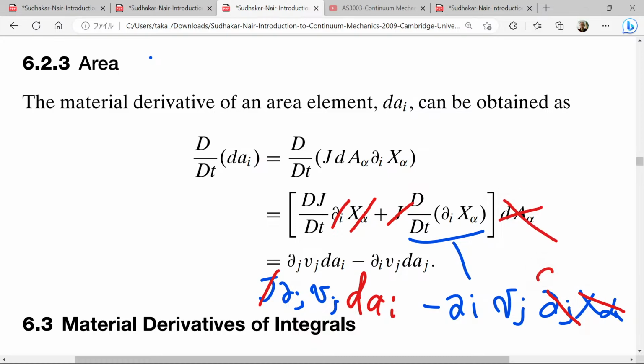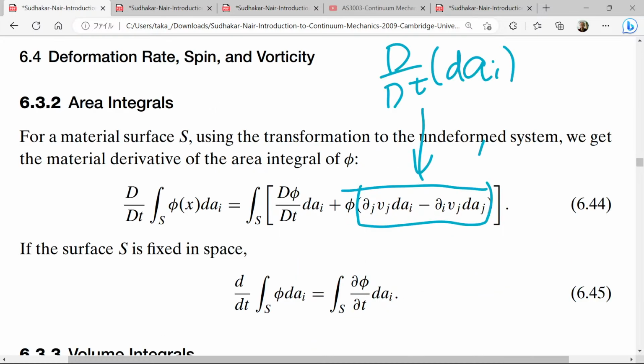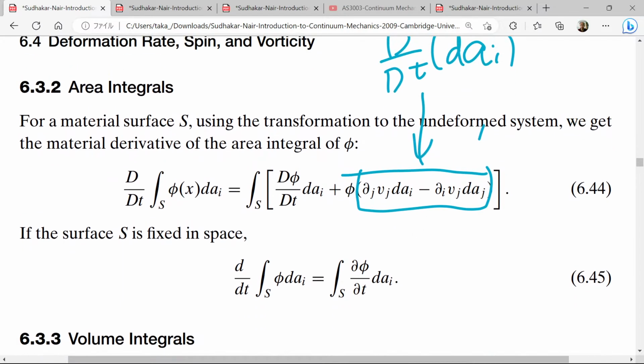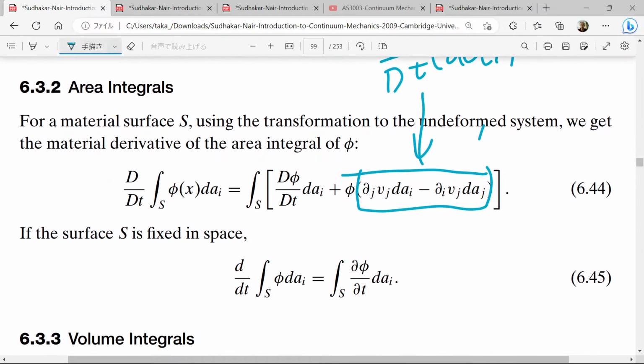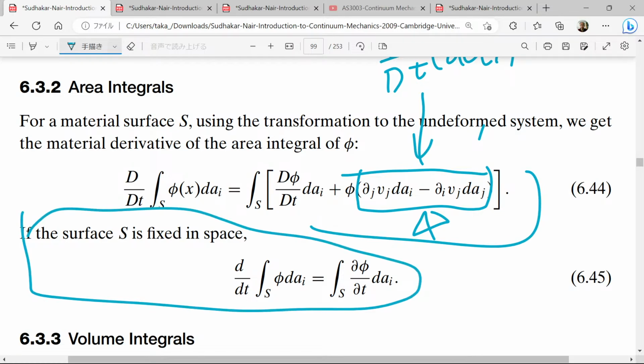So this gives dA_j. So you have partial_j v_j dA_i, partial_i v_j dA_j. So we can use this formula here. Finally we obtain this.